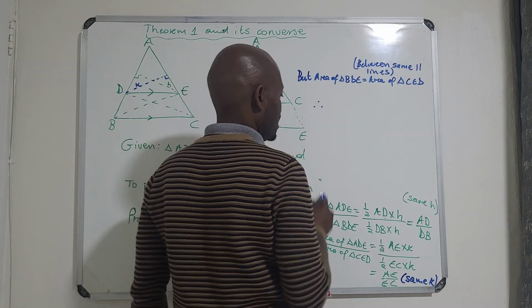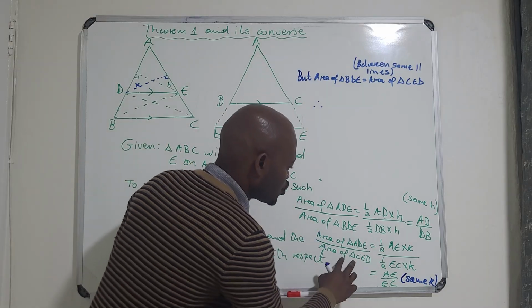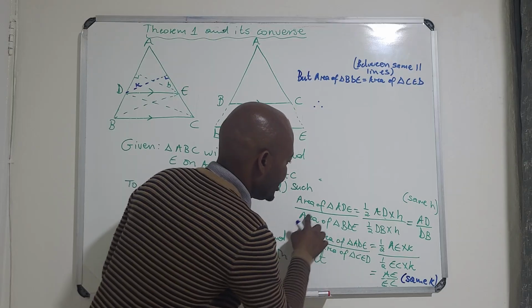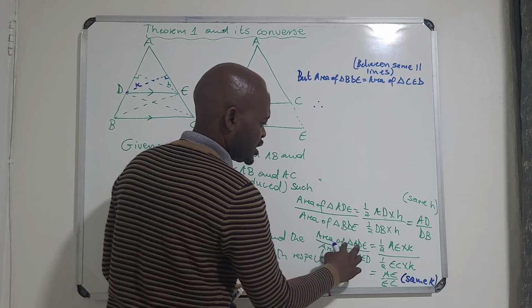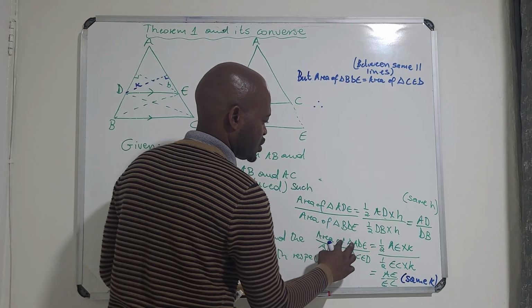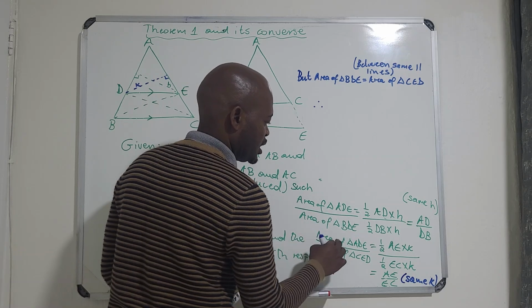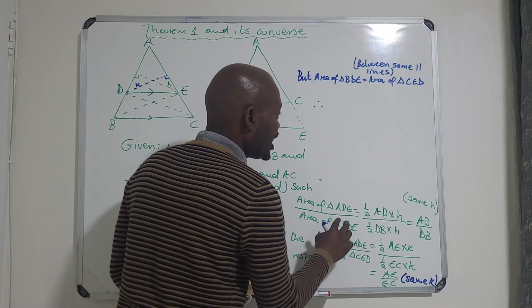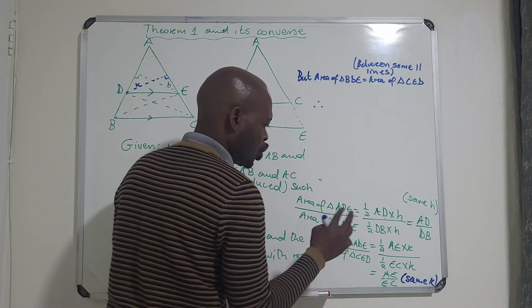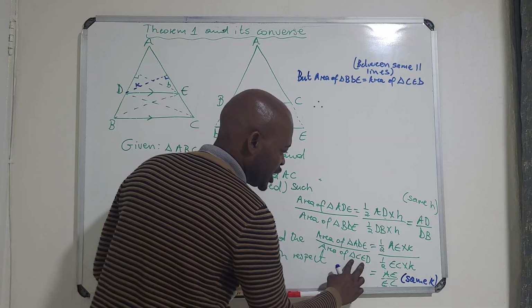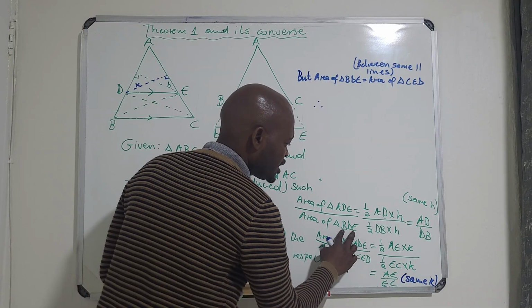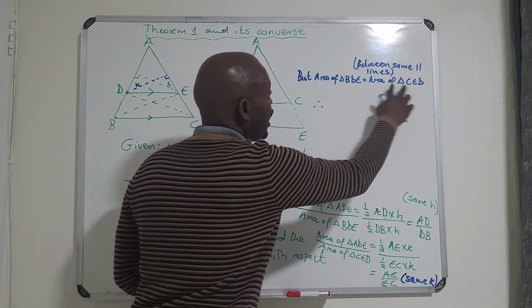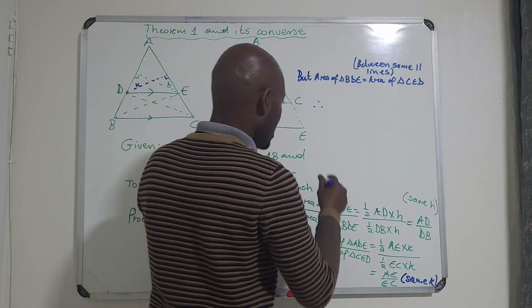This triangle and this triangle is one and the same triangle, area of triangle ADE. But we needed to show that this and this are the same.